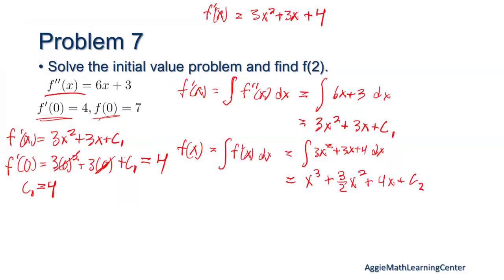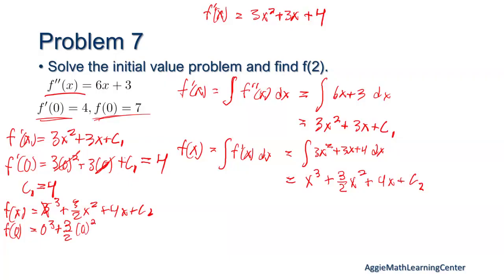Okay, so now f of x is equal to x cubed plus 3 halves x squared plus 4x plus c2. We then plug in our f of 0, which we say is equal to 7. So that's going to be 0 cubed plus 3 halves times 0 squared plus 4 times 0 plus c2 is equivalent to 7.